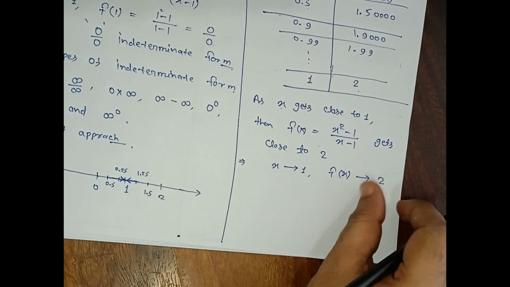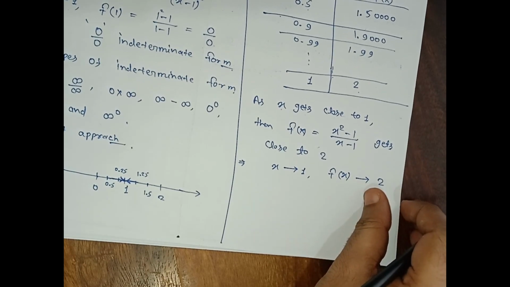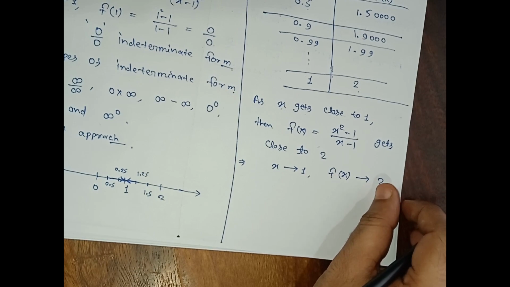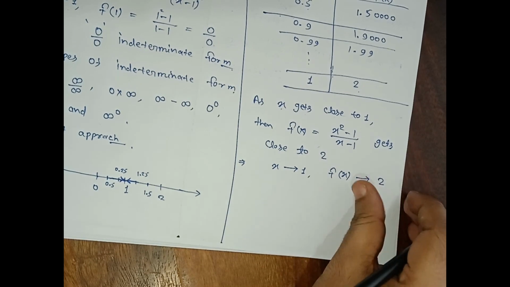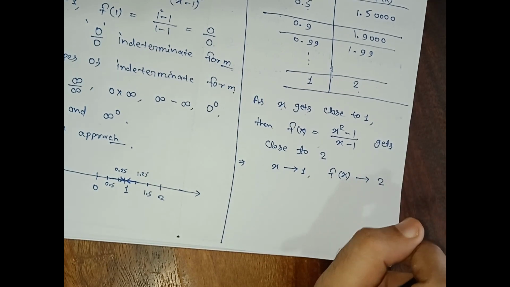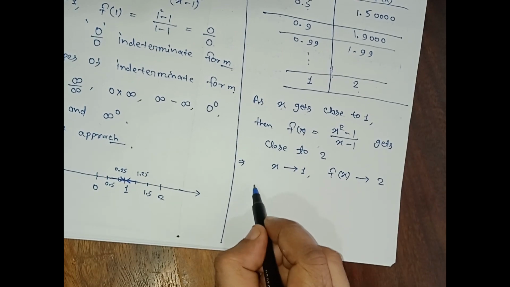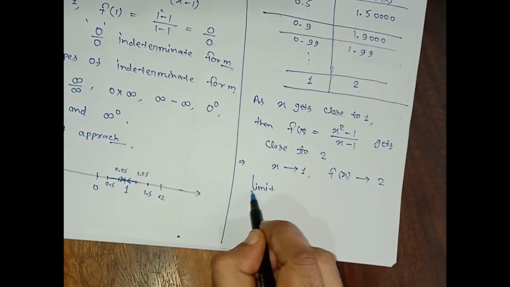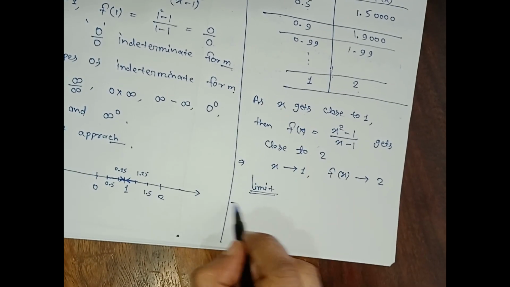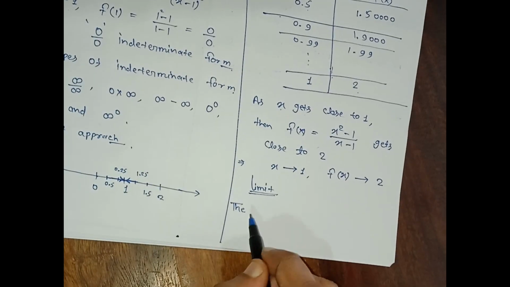So instead, mathematically, we can use a special word here, which is limit. The special word is limit. So how are we going to write this?